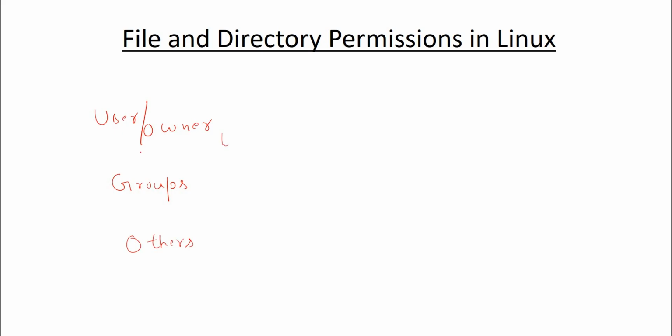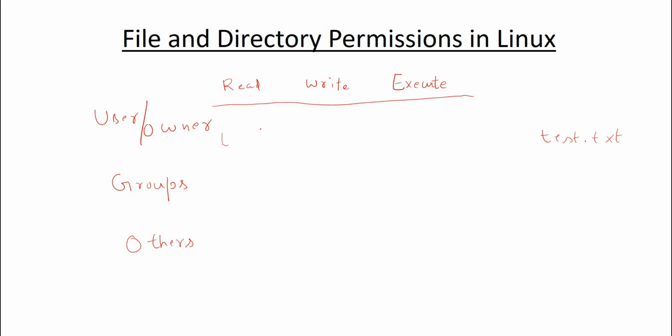These user or owner, groups, or others will have permissions read, write, and execute. If we have to provide permissions on the files or directories, we need to provide corresponding read, write, and execute permissions to any of these people. For example, we have a file named test.txt.